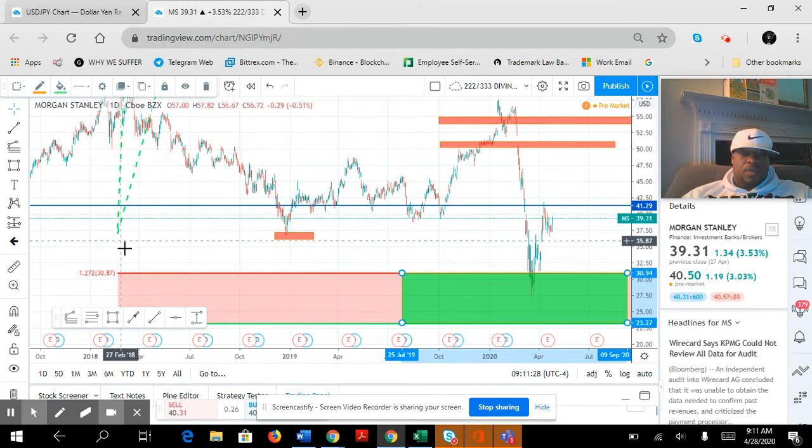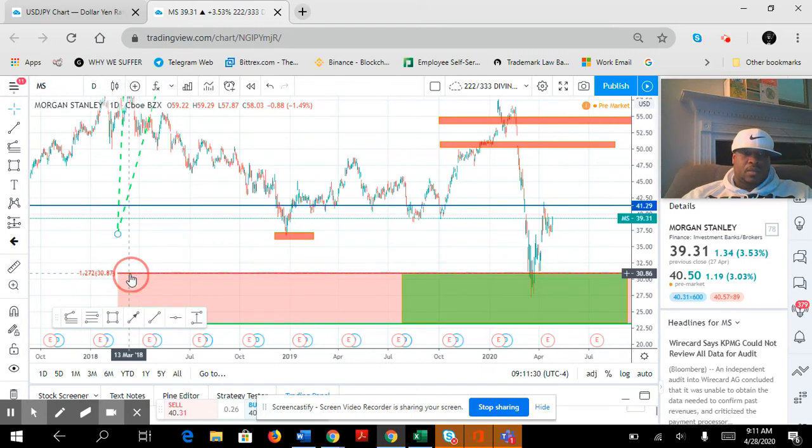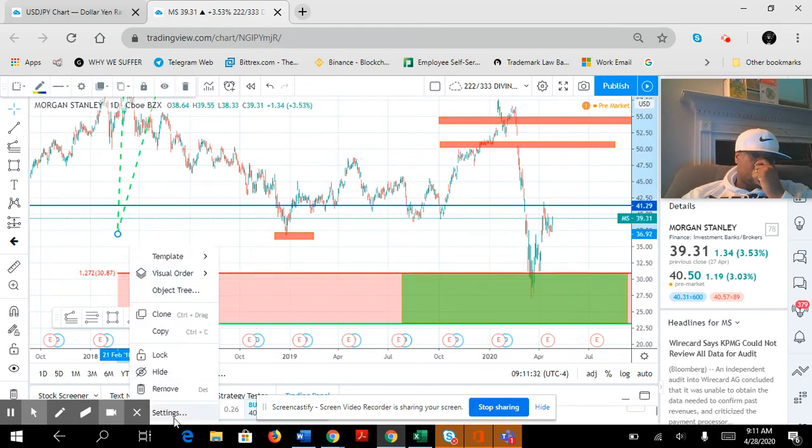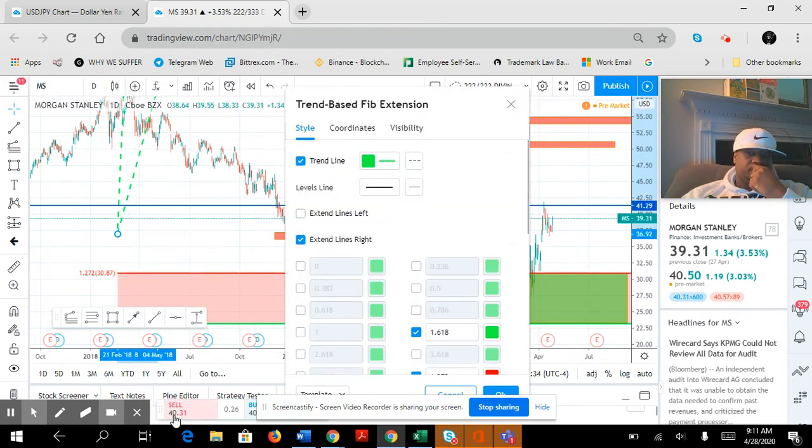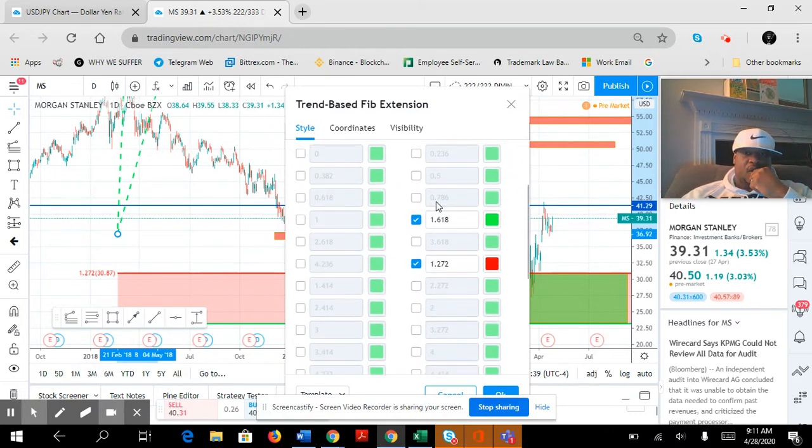All right. Also, go ahead and right-click the extension tool. Go down to settings. These are the only things that should be checked: the 0.618 and the 0.72. You can do the color however you want.